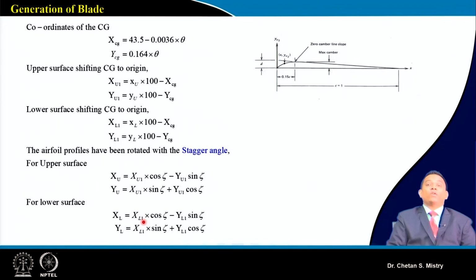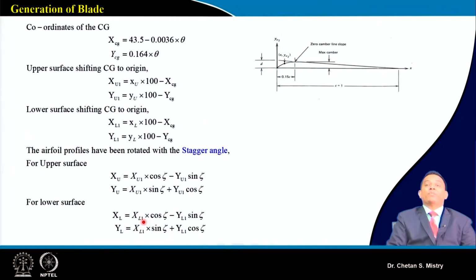Now what we have learned is that we have divided our whole span into 11 stations. So now you can make your program, maybe in any code, maybe C, C++ or MATLAB, where you will have your input parameters such as camber angle and stagger angle.